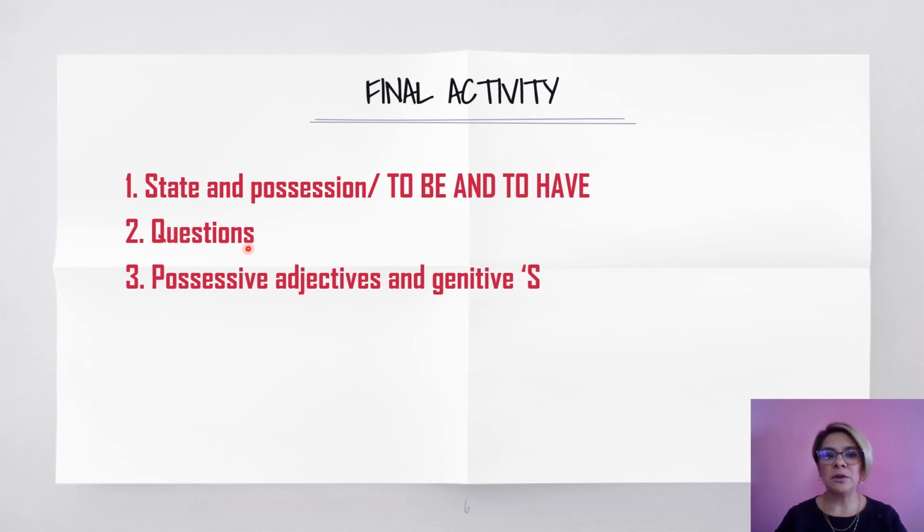Maybe some WH questions. Remember, we saw questions about name. What's your name? How old are you? Where are you from? Who is she? And expressing possession, possessive adjectives, that was this last thing I explained to you, and genitive S. So you're going to use that in a context.